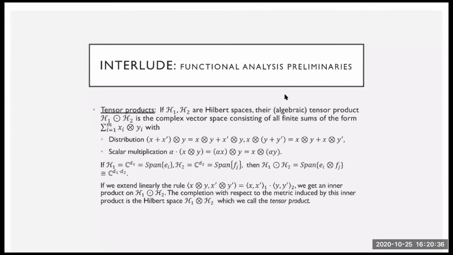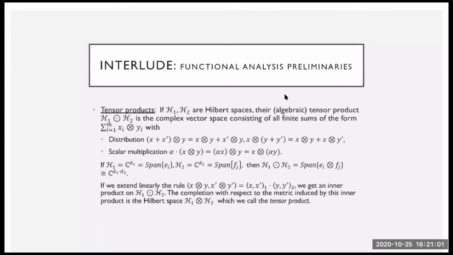Okay, so we talked about it a bit last time, that if you take two finite dimensional spaces, their tensor product is just the span of a basis element from the left and a basis element from the right. And I defined it using what's called the Kronecker tensor product.